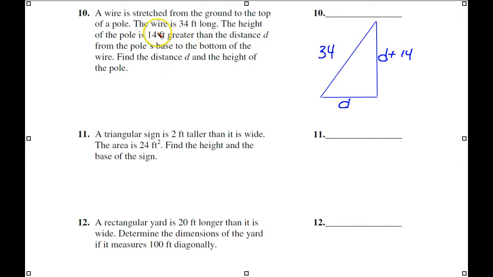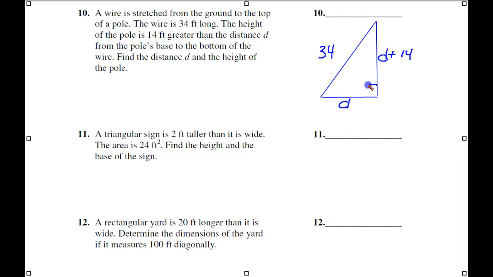Let me build this one with you. So here we have a wire stretched from the top of a pole to the bottom, and the length of this wire is 34 feet. Now the distance this wire is from the pole is d.